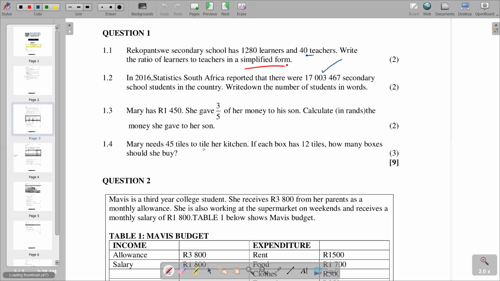So we move on to the next part of our question, which says Mary has 1,450 rands. She gave 3/5 of her money to her son. Calculate, in rands, the money she gave to her son. Obviously, we have 3/5 of 1,450 that we need to calculate to see the amount in rands that was given to the son.